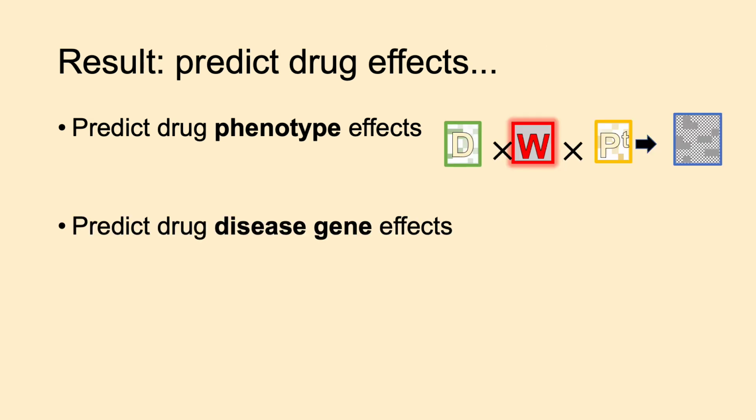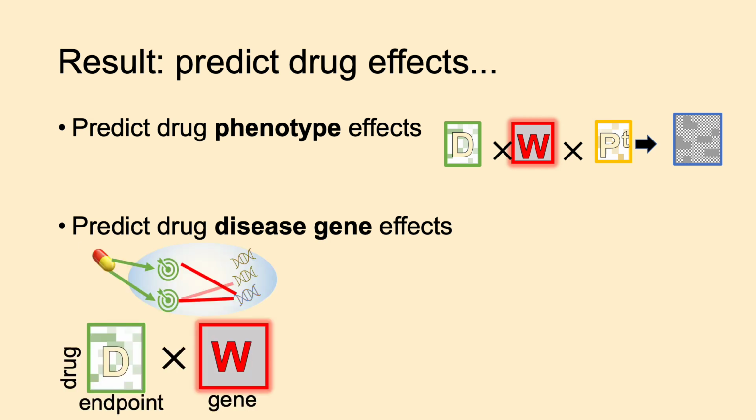But what I think is really the exciting power of this approach is the ability to predict drug effects on genes that are associated with phenotypes, so the drug disease gene effects. So just to make that more specific, once we have our W, we can multiply through any drug's effect on endpoints to the connection of those endpoints with disease genes to propagate the drug effects to its impact on the disease genome.